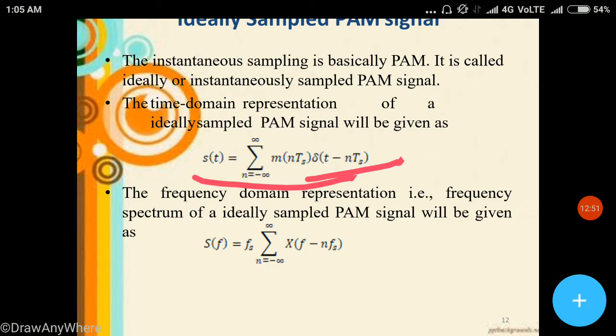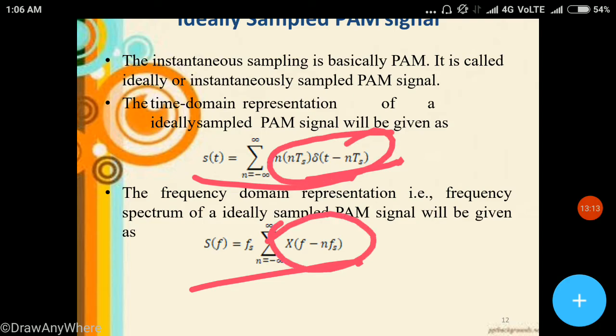And the frequency domain representation, that means the frequency spectrum of an ideally sampled PAM signal, will be given as S(f) equal to Fs, the sampling frequency, summation n equal to minus infinity to plus infinity X(f minus n Fs). So this whole thing will be converted into X(f minus n Fs).